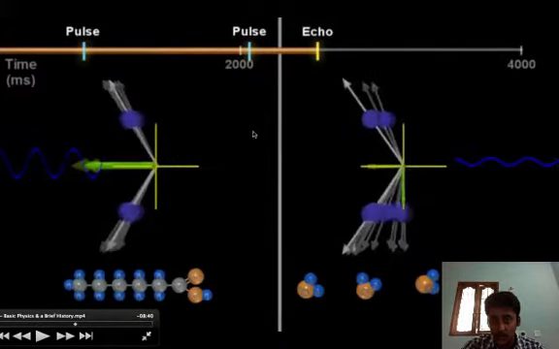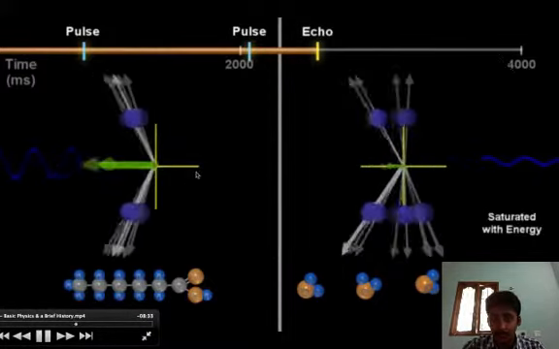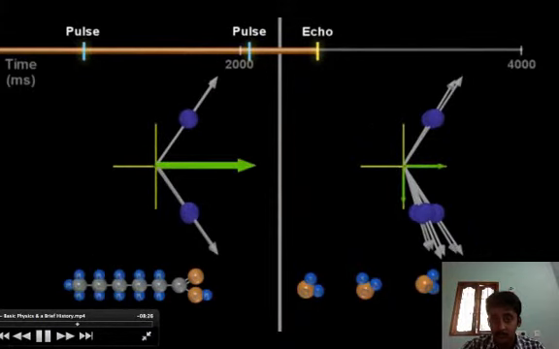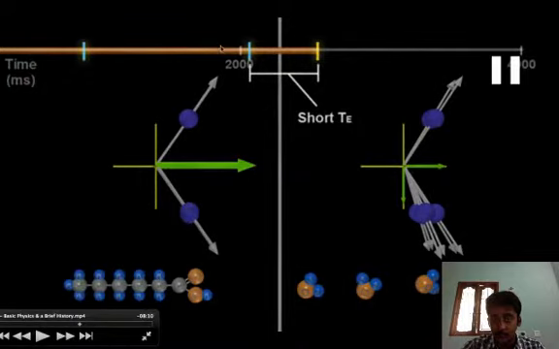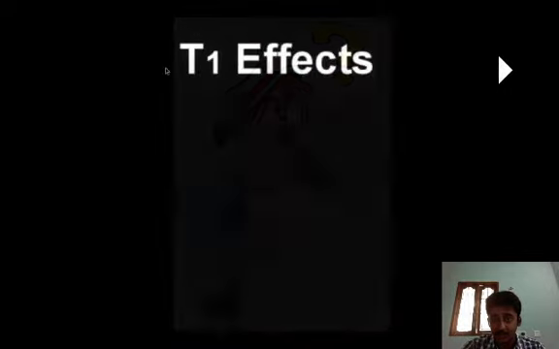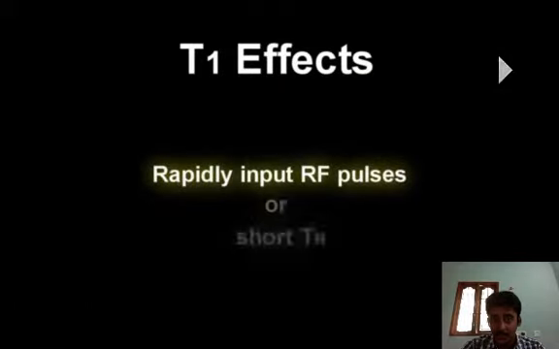So in a T1 weighted image we have water molecules black in color and fat molecules white in color. We have short echo time and short repetition time. This is how we understand the T1 effect and T2 effects.